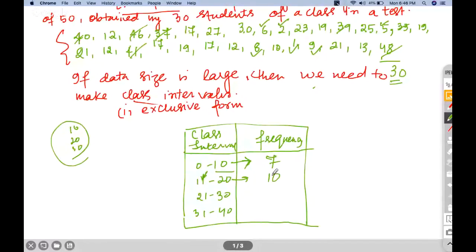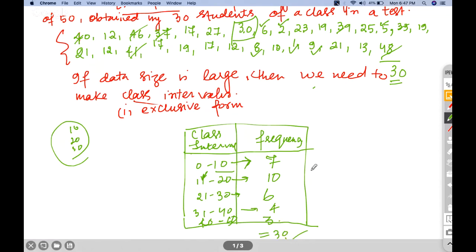Now what happens is, here 30 was not included, 1 marks 30, which is here. Now this will have to be included here. So if I include it here, this gives me 6, this gives me 4, and 40 to 50 gives me 3. So this gives me how much? 30.